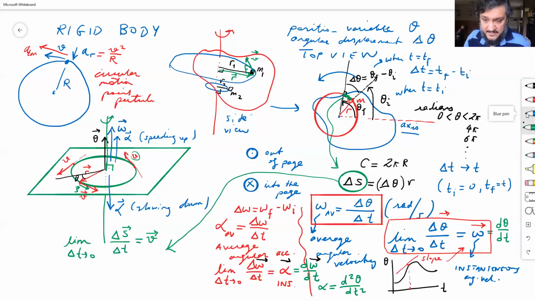So here's theta, here is r, and here is s, and these are all perpendicular to each other. Basically, r and s are on the same plane. So theta is perpendicular to r and s, and r is perpendicular to both theta and s, and s is perpendicular to r and theta.